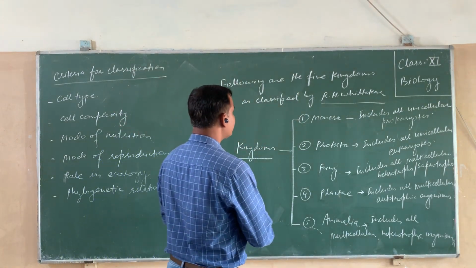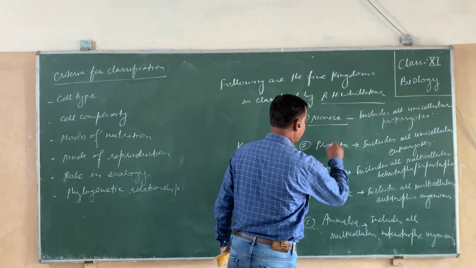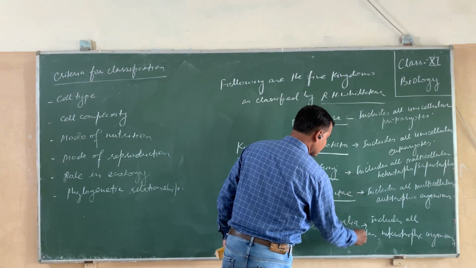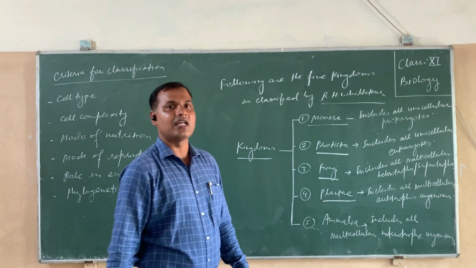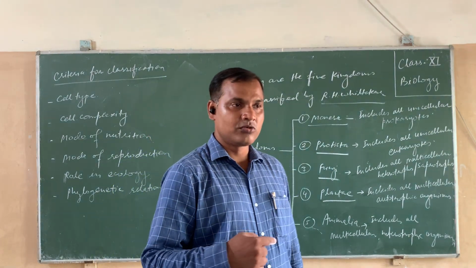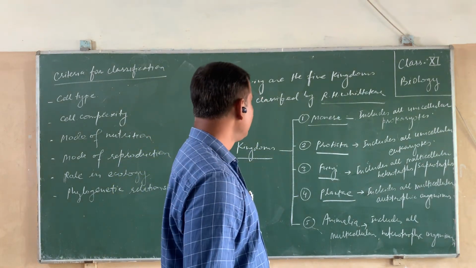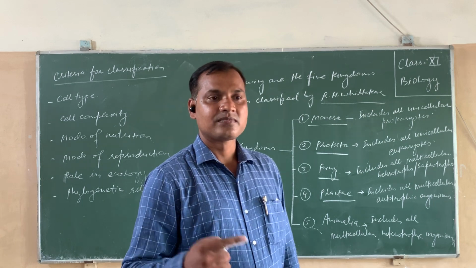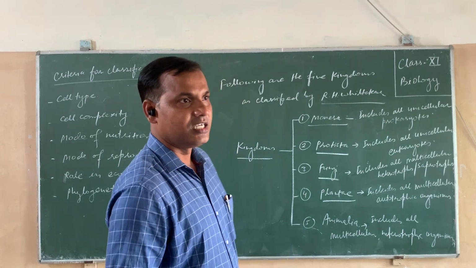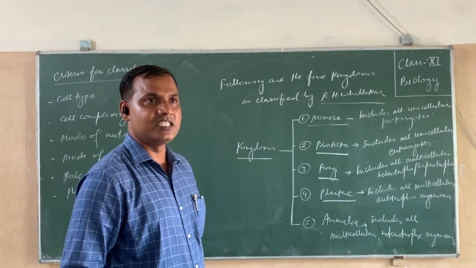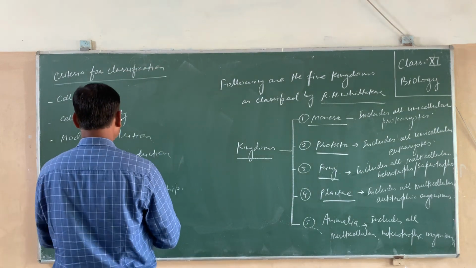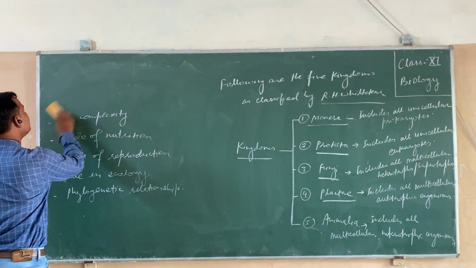Now, before discussing each and every kingdom type, we have to discuss the taxonomical hierarchical categories. So now I'm just going to brief you about taxonomical hierarchical categories. What are these and what is the importance of these categories? We will discuss here.